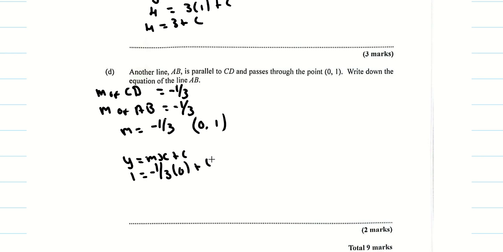Anything multiplied by 0 is 0. So we immediately see that c is equal to 1. So my equation of this line would be y is equal to negative a third x plus 1. And that is how you would do number 4 for January 2025 paper 2.